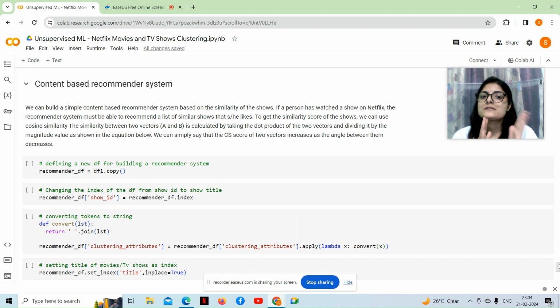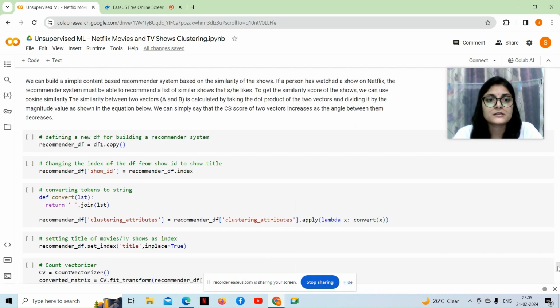To get the similarity score of the shows, we can use cosine similarity, the similarity between two vectors, which is calculated by taking the dot product of the two vectors and dividing it by the magnitude value, as shown in the equation below. We can simply say that the score of the two vectors increases as the angle between them decreases.